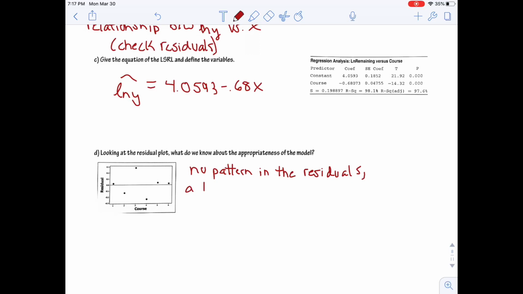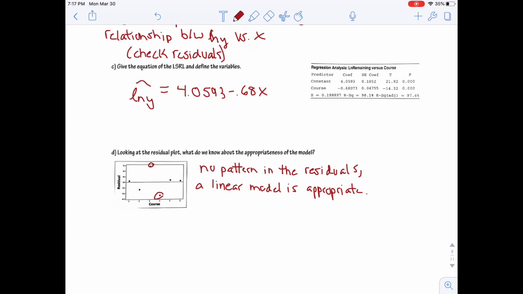A linear model is appropriate. But again, it looks like it's probably more appropriate near the ends. You know, that in the middle we're kind of far off there, but again, it's still an appropriate model.